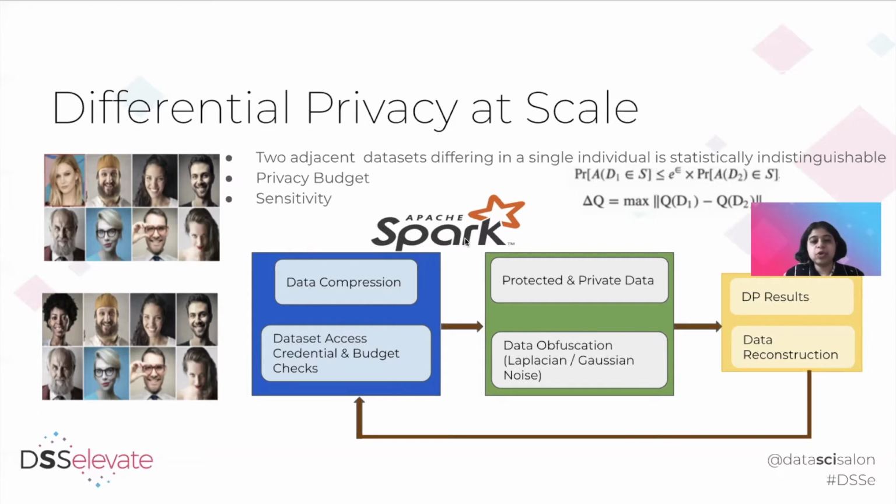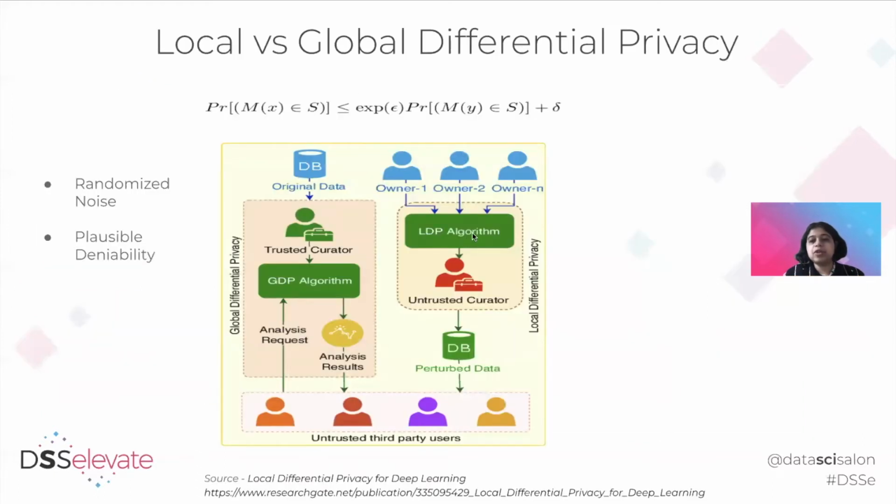So let's look step by step at the different types of differential private systems that are available. In general, we see that local and global differential private systems are available, and they are also governed by the same statistic, that the ratio between the two data sets should not exceed e to the power epsilon.